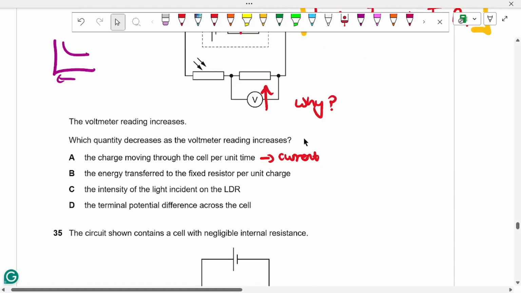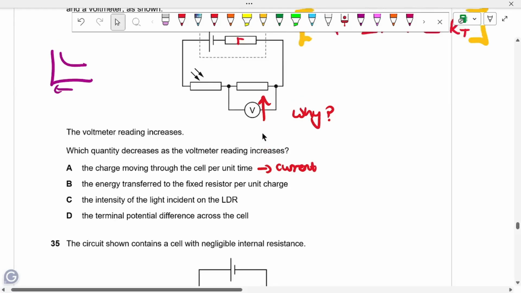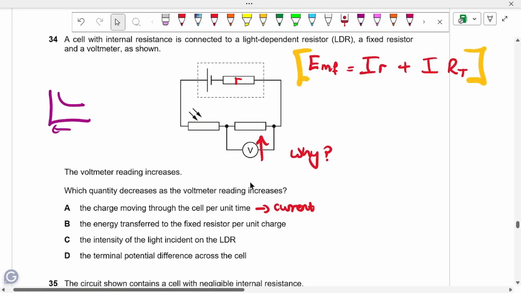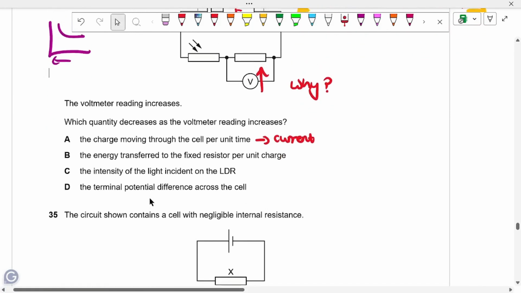So for the LDR that you'll be using, as the light intensity increases, the resistance drops. And as the intensity decreases, the resistance increases. So an increase in resistance implies that the voltmeter reading will actually decrease because the fixed resistor will get a lower voltage.